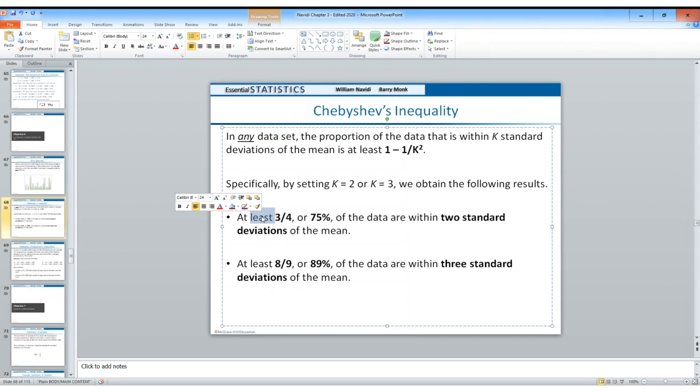Well, 89% is the trade-off. I don't think I've ever seen in this class anything other than 2 and 3 standard deviations. If you wanted to, you could do 4, 5, 6, 7, and 8, but I seriously doubt you're going to see those. I know you're not.